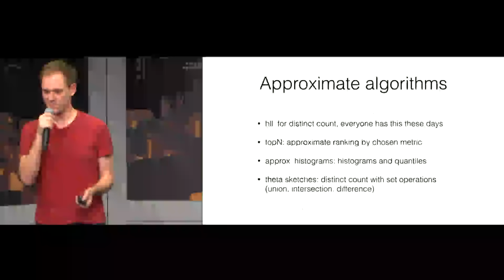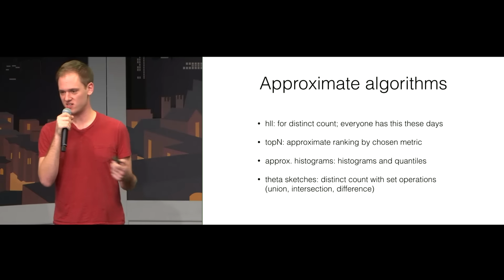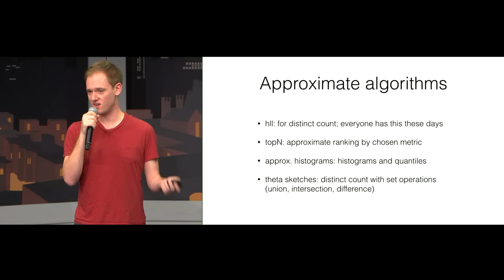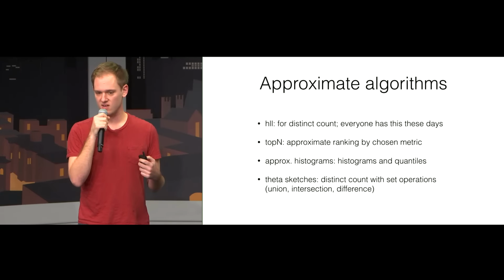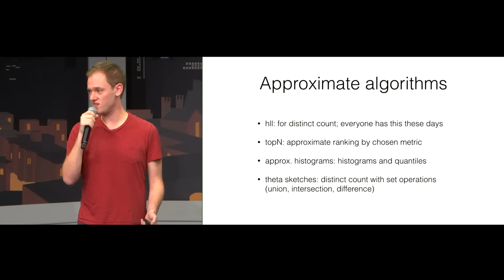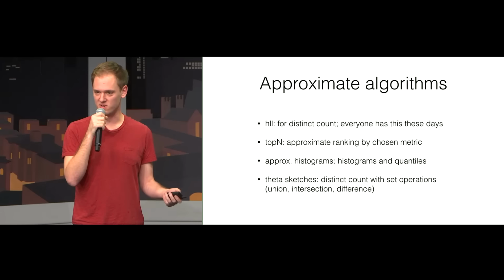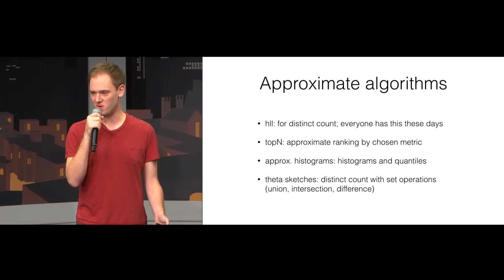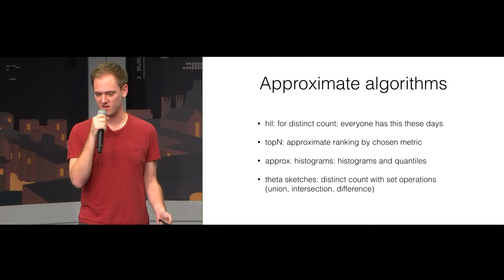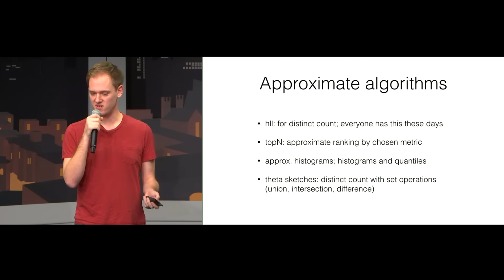A little bit more about the approximate algorithms. Like I said earlier, we have both approximate and exact algorithms for a lot of questions. The first one, HyperLogLog for distinct count. At the time we introduced it, it was pretty unique. It's not unique anymore. Everyone has it these days. It's super popular. The other three are still fairly unique.